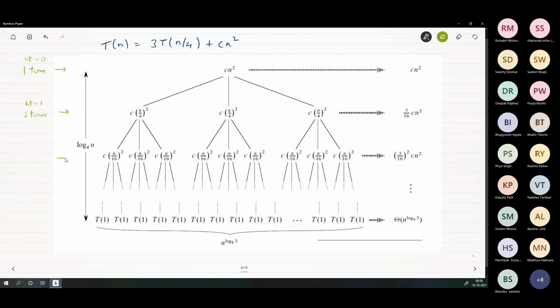Height equal to 2, we have 9 terms. Do you see where this is going? So at this height, log to the base 4 of n, how many terms will we have? Can you tell me now? Can you guess?